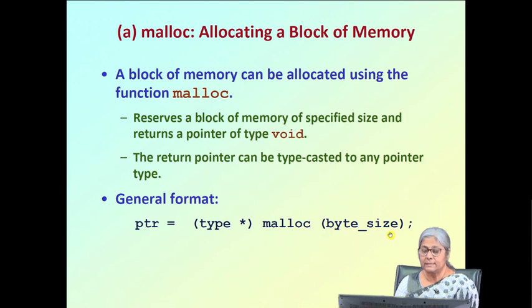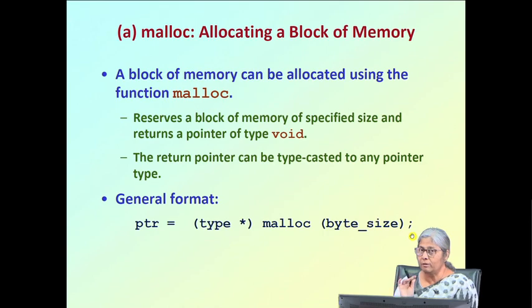The pointer returned is of type void, so this is a typecast to type star. We should give the data type of the memory element for which the memory is allocated. Then PTR gets this particular data type. So, the general format is PTR = (type *) malloc(byte size).